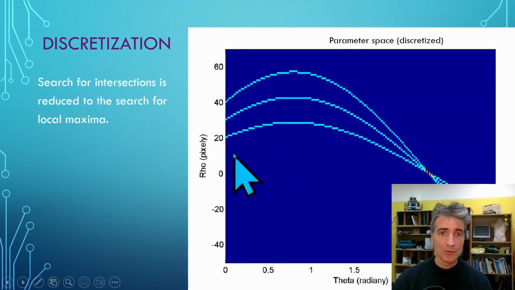We simply do not allow any combinations of parameters, but we split the parameter space into squares. We can see like these small pixels are the small squares, and if the setting falls into the square, then we will say that the point was voting for this combination of parameters.